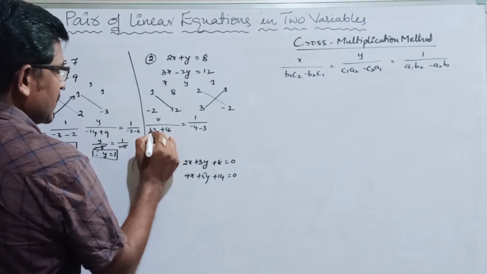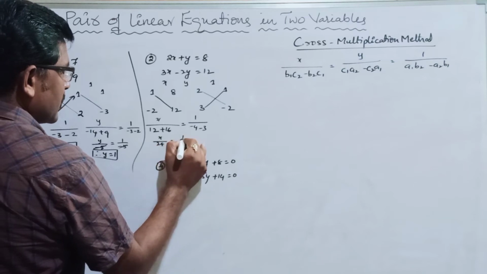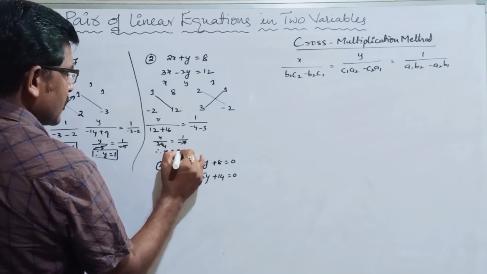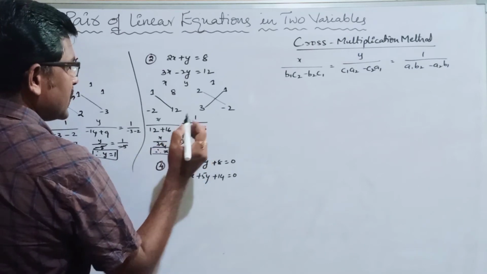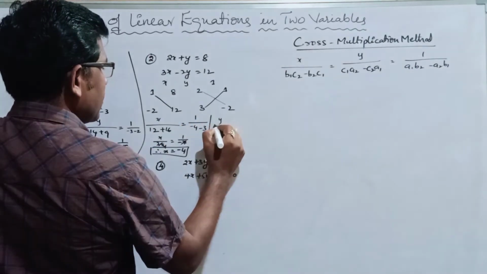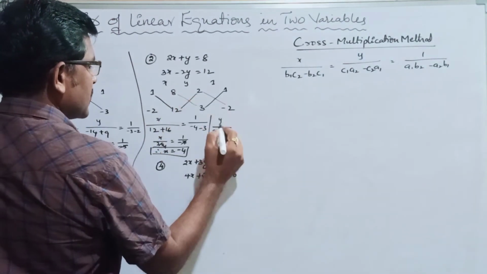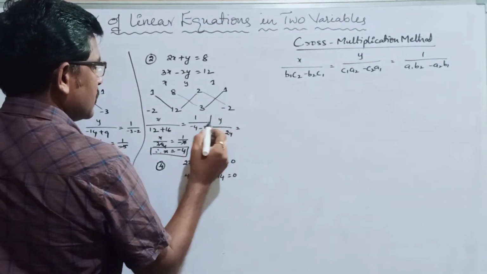So x by 28 is equals to 1 by minus 7. 7 4s are 28, therefore x is equals to minus 4.